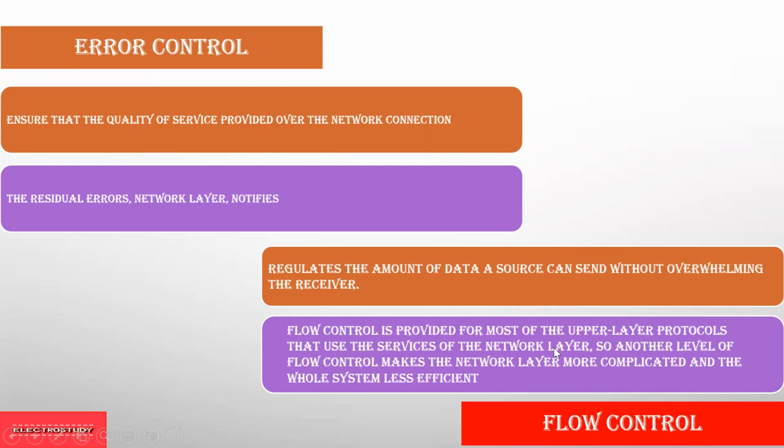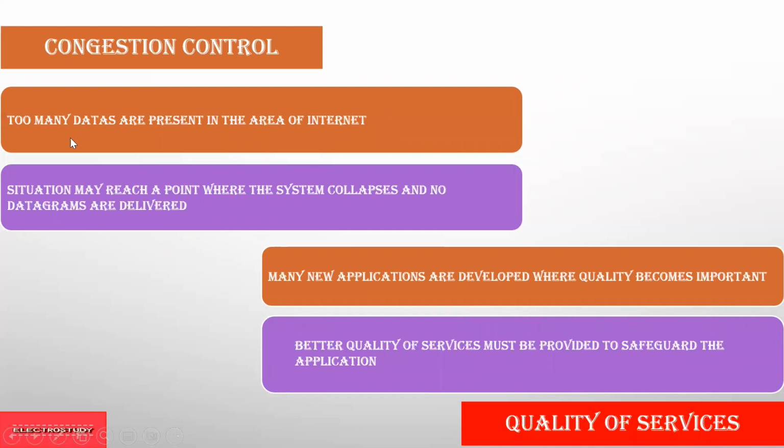The flow control from the upper layer protocol is also performed, and also from the lower layer protocol. So when all the layers are performing flow control, the whole system becomes inefficient. That is, every layer will be waiting for the packet for n number of times, then obviously the performance of the system reduces. Okay, next is congestion control.